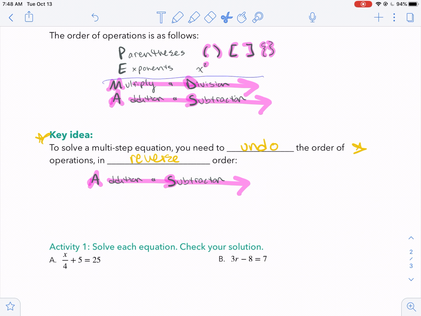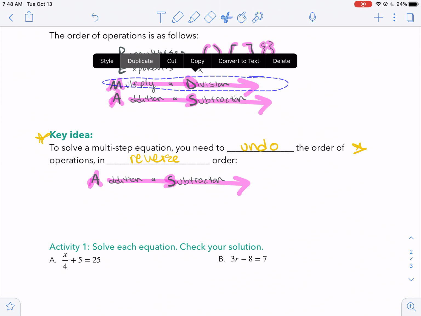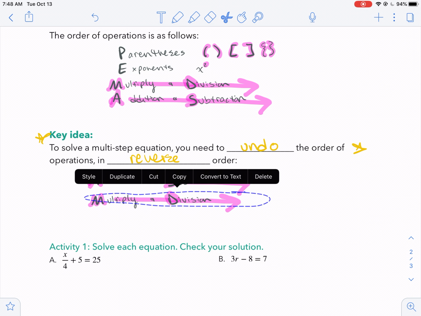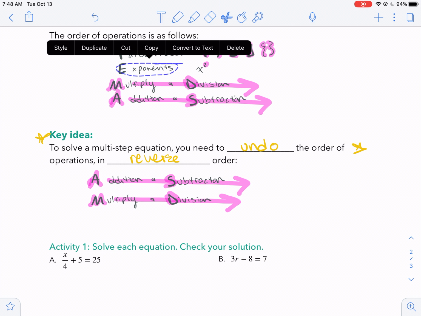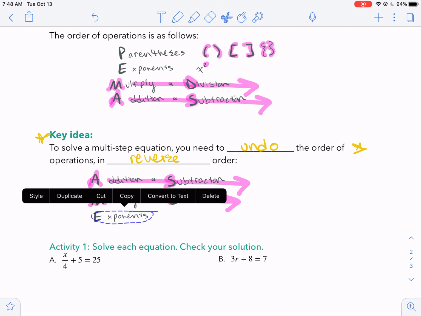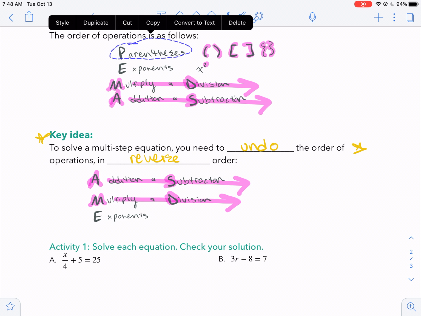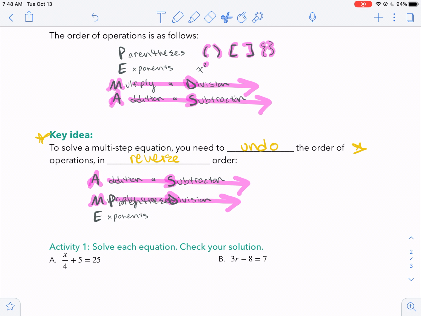And then we'll undo all the multiplication and division that's happening to our variable. After that, we'll undo our exponents, and then after that, finally, we undo our parentheses. So let's put it into practice.